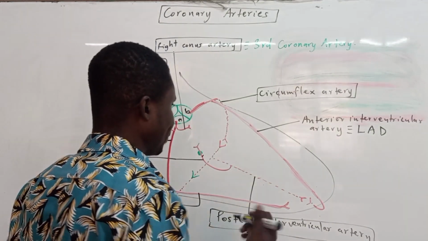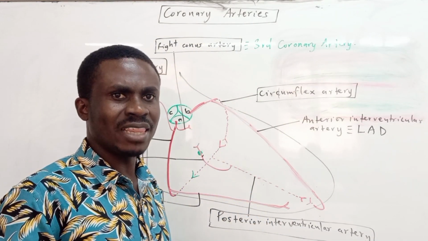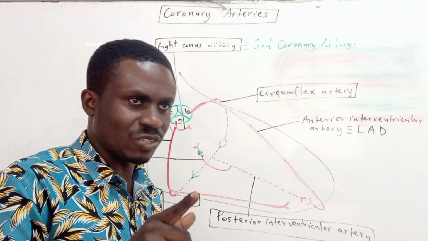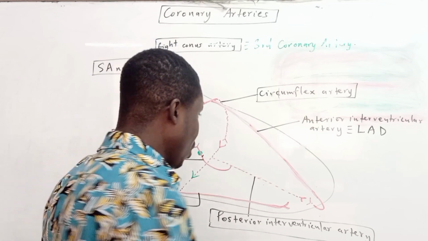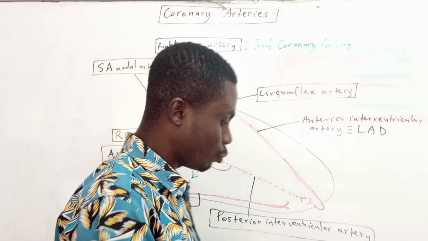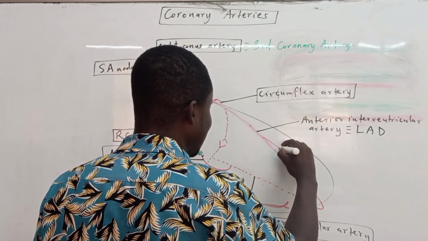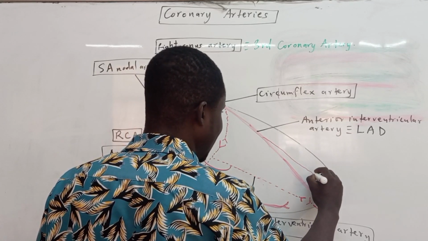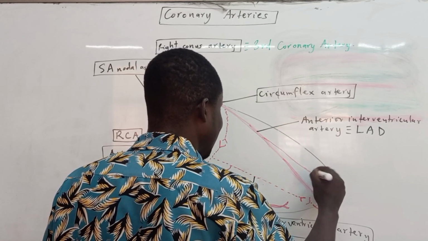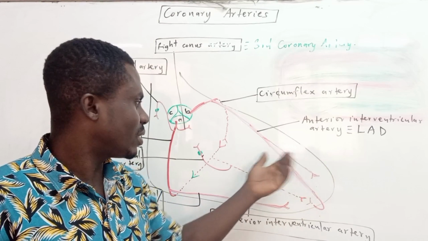Now, the other thing is that there will be other ventricular branches. But one of the branches that comes out of this anterior interventricular artery, I want you to know, are these branches. Let me use just one over here to show it. Now look at how I oriented it. This is toward the left side, this is toward the right side.